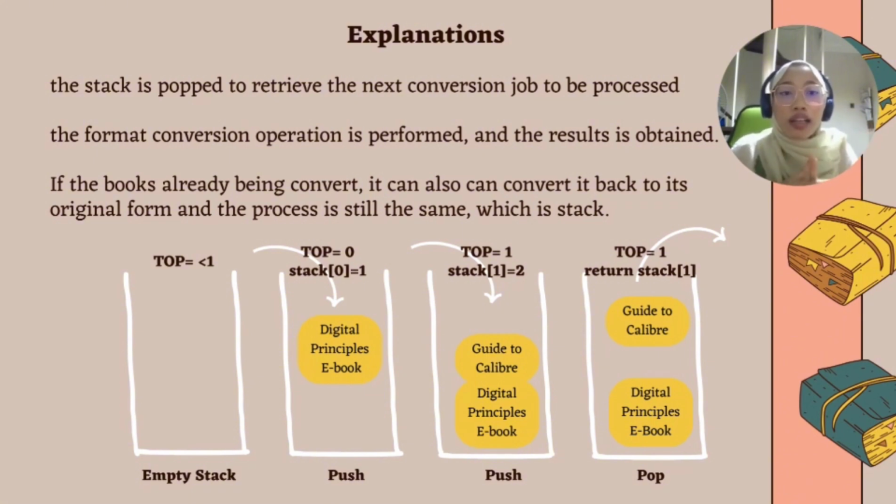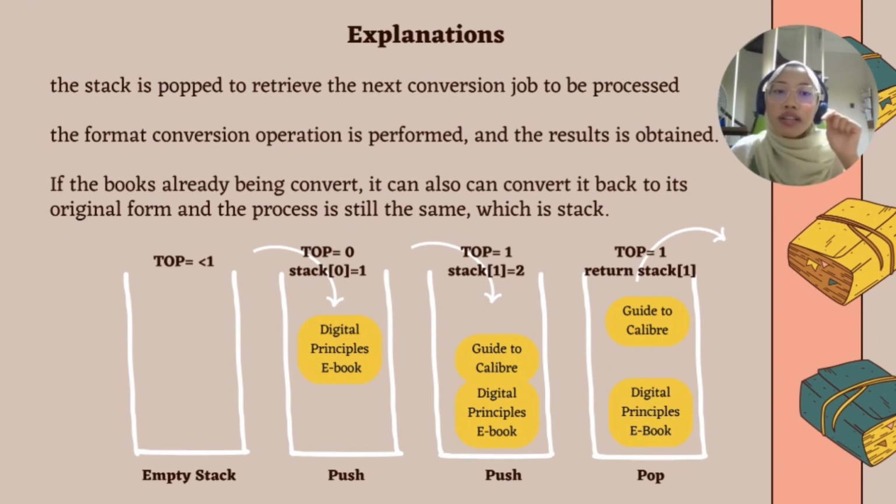Next, we will add a new job, which is the conversion of guide to Calibre. So in the stack right now, you have 2. Stack is 1, but it's equal to 2. But the top is equal to 1. The top one is the guide to Calibre. Okay, the next one, we will pop the guide to Calibre because we want to do the conversion for the guide to Calibre.